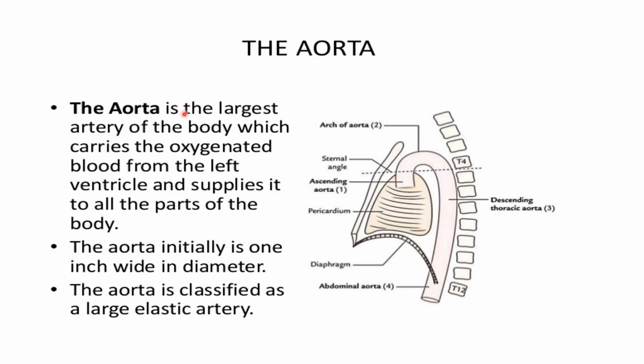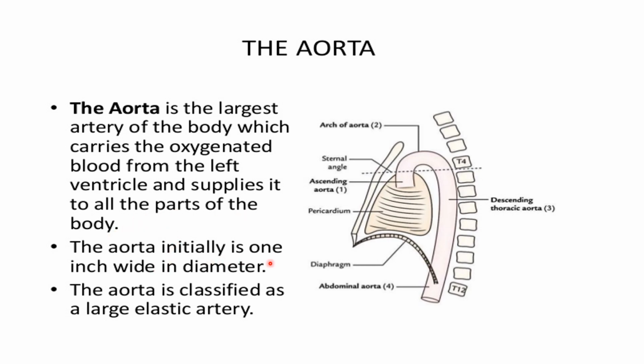Now the aorta is the largest artery of the body, which carries oxygenated blood from the left ventricle and supplies all parts of the body. So that means the aorta arises from the left ventricle of the heart.